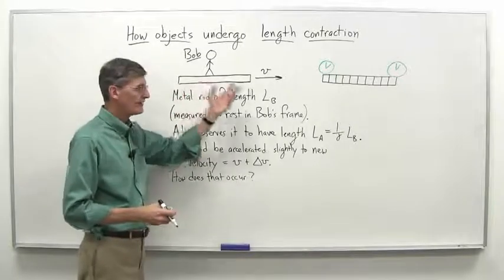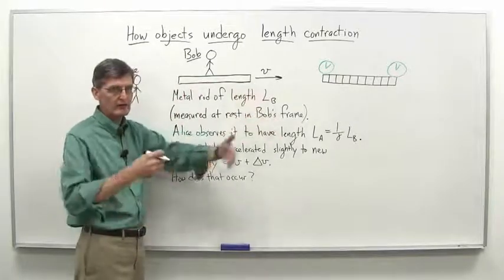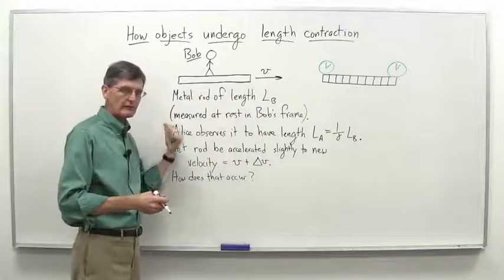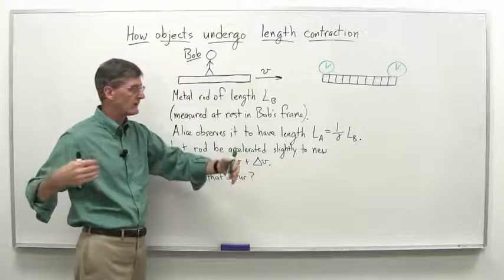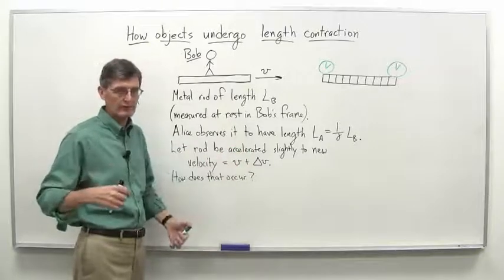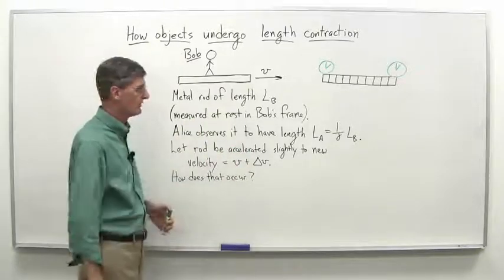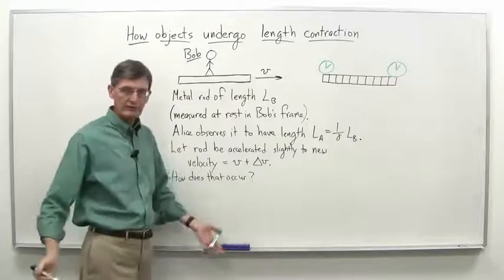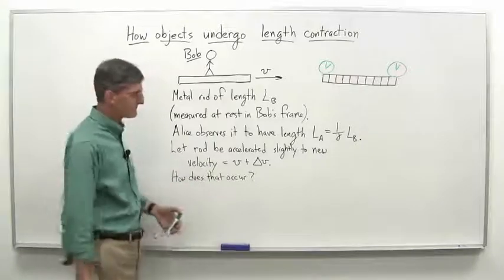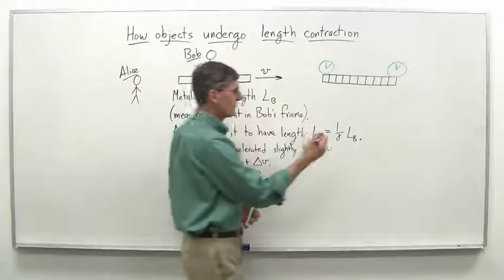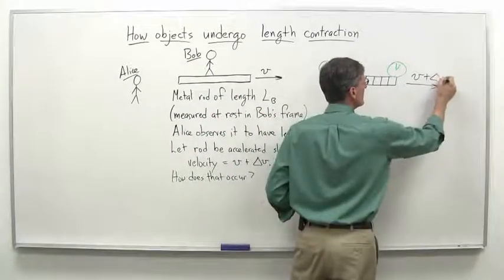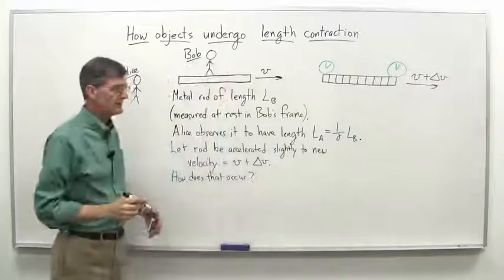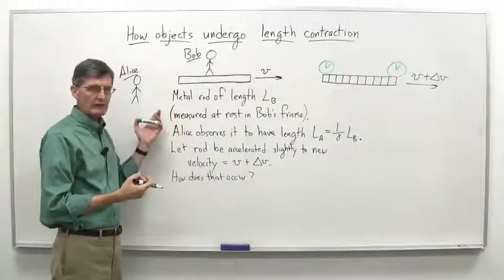If Bob has clocks synchronized in his frame, his lattice of clocks, we know that if Alice observes Bob's clocks compared to her own synchronized lattice of clocks, Bob's clocks will be out of synchronization, and vice versa, of course, going the other way. And another way we say that, of course, is leading clocks lag. So if this is now we're at V plus a little bit more, V plus delta V, to get up there, what does Alice observe?